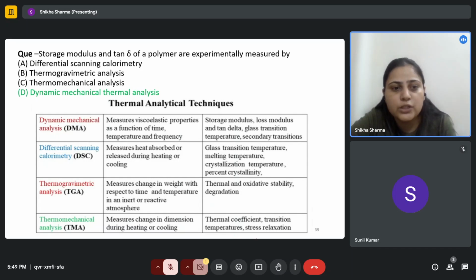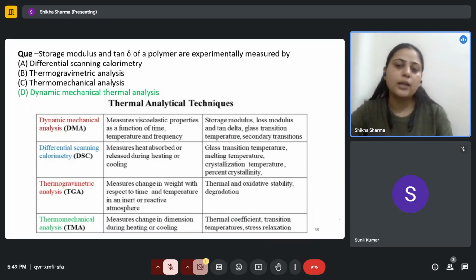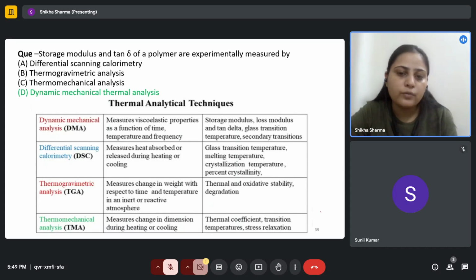The TGA, which is thermogravimetry analysis, is used to calculate the change in weight with respect to time and temperature in an inert or reactive atmosphere. It helps in calculating the thermal and oxidative stability of a sample, and degradation studies can be done from TGA.